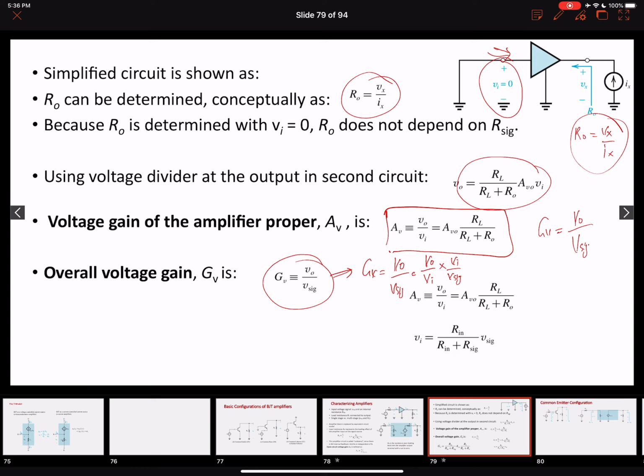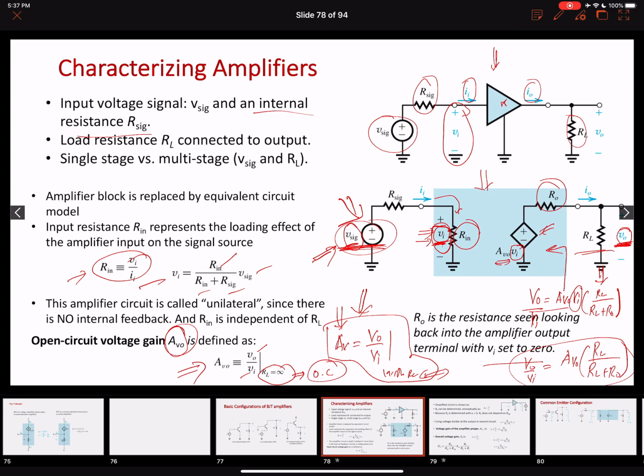So we can write this as a product of these two ratios, right? We already have the ratio V naught over Vi, which is Av. So we have Av multiplied by Vi over V sig, and Vi over V sig is the equation that we wrote over here.